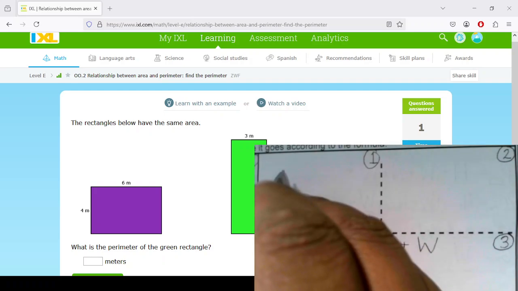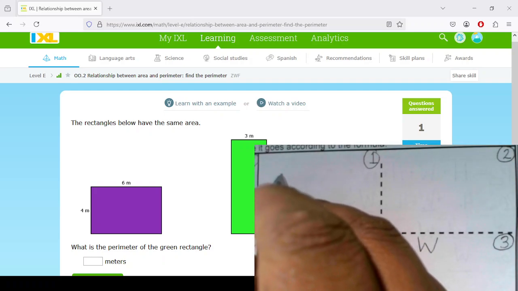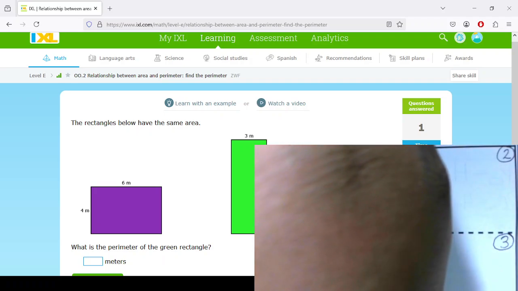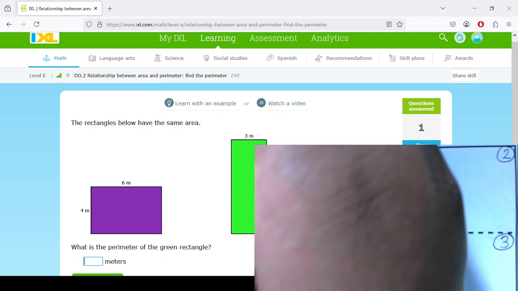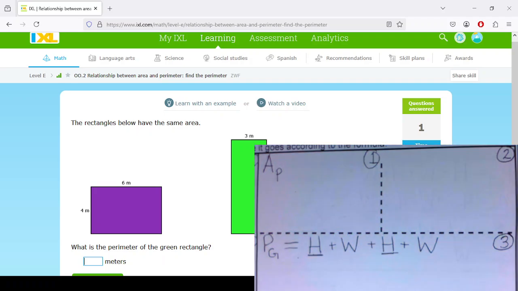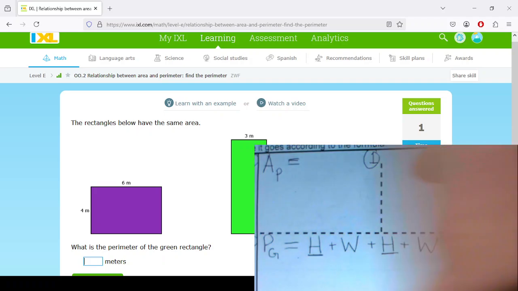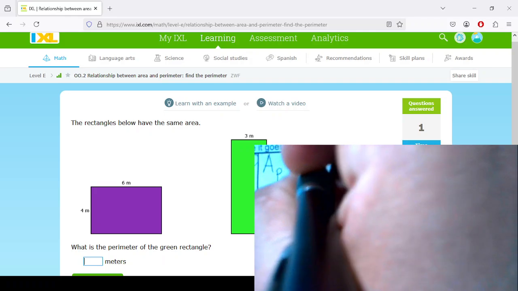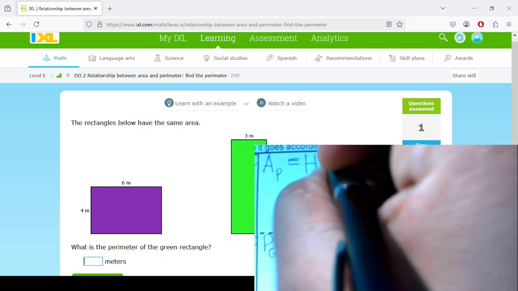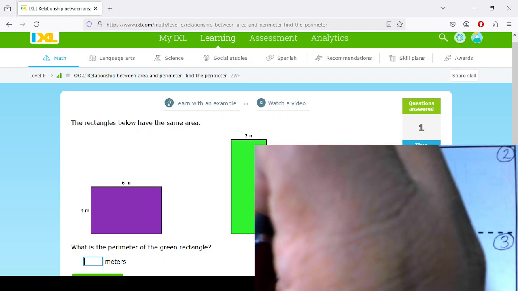So I'm going to use the given information. The rectangles below have the same area. So I'm going to start with that purple rectangle, area of the purple, and I'm going to put a P for purple. Is calculated by multiplying the height dimension by the width dimension.